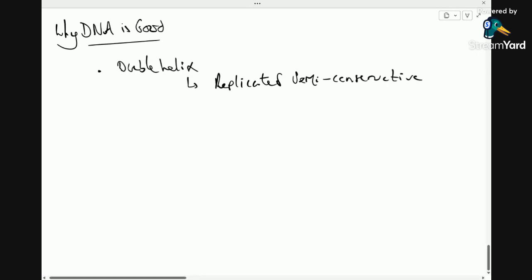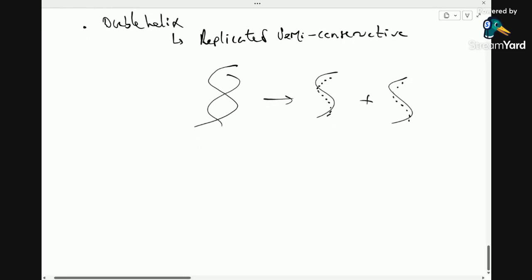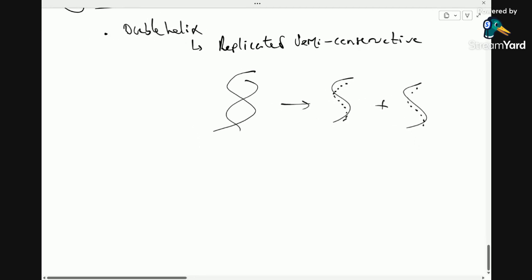What that means is because it's a double helix that looks like this, I can separate my 2 strands apart, and each one can act as a template to make a whole new strand there. We haven't got proof for that yet. I'll talk about that when we do DNA replication, but that's the model they came up with.